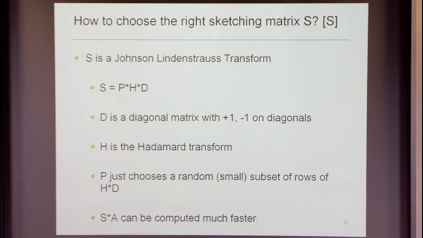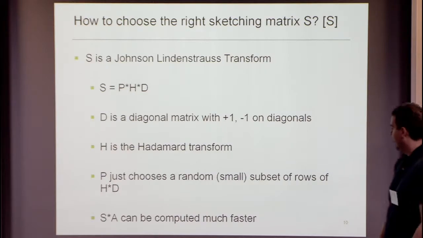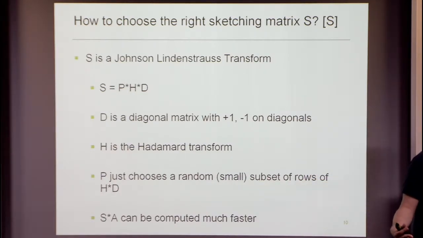Why does this work? I don't have a proof of this in this talk, but intuitively, what is P doing? P is sampling a small subset of coordinates and trying to estimate the Euclidean norm of a vector. This doesn't work very well if the Euclidean mass of the vector is concentrated on a few coordinates, since sampling will just miss those coordinates.